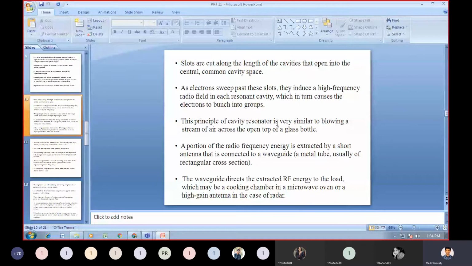The waveguide directs the extracted RF energy to the load, which may be a cooking chamber in a microwave oven, or a high gain antenna in the case of radar.